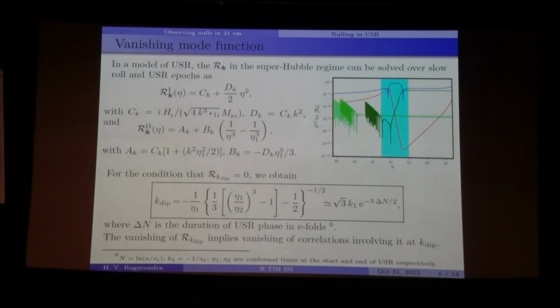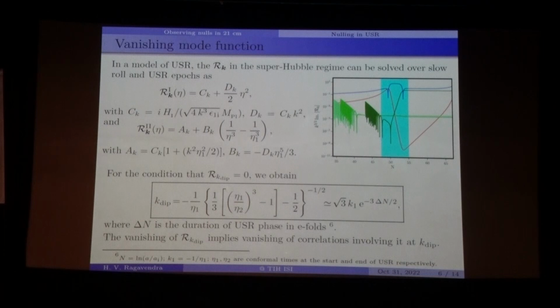This happens for certain modes in such a way that the competition between the growing mode and decaying mode exactly cancel out each other, and the mode function can indeed vanish. And if we impose the condition that R_k vanishes for a specific k called k_dip, then we arrive at a condition on this k_dip, the wave number that is going to vanish, in terms of these model parameters, namely k_1, the wave number at the beginning of this ultra slow roll epoch, and delta N, which is the duration of ultra slow roll in e-folds.